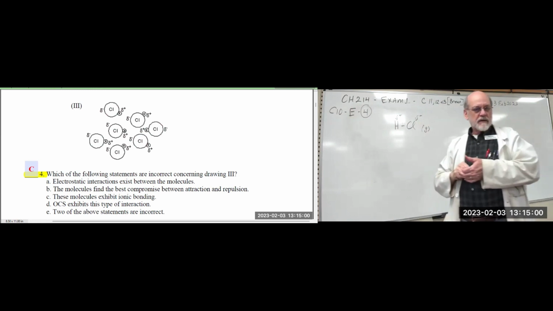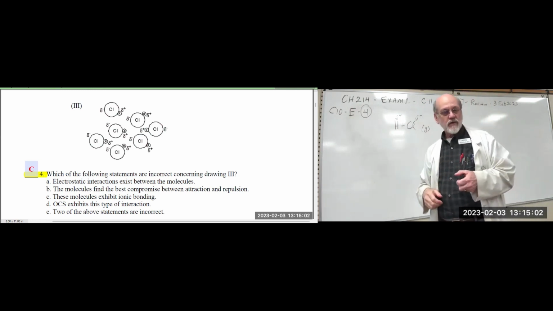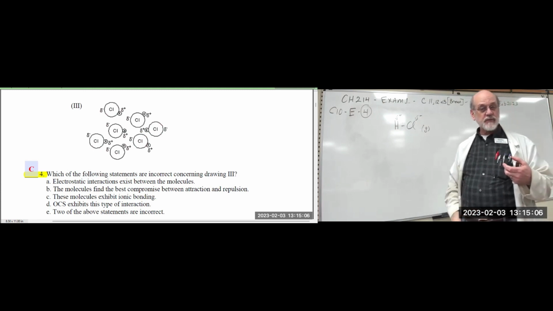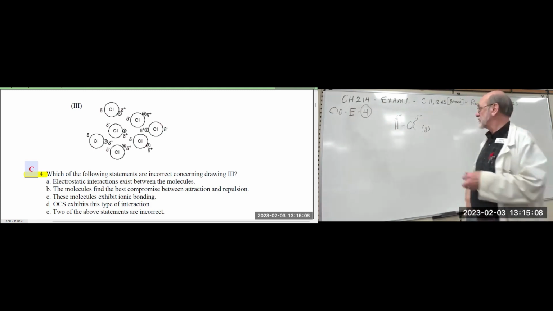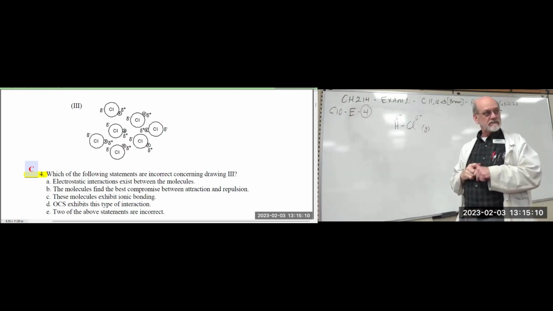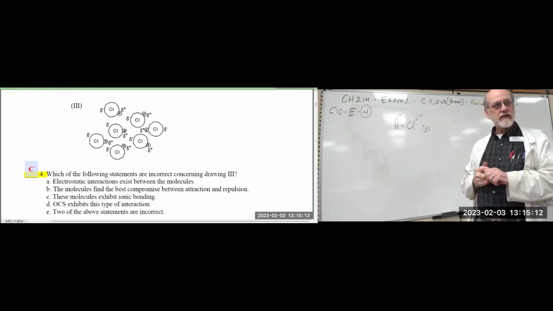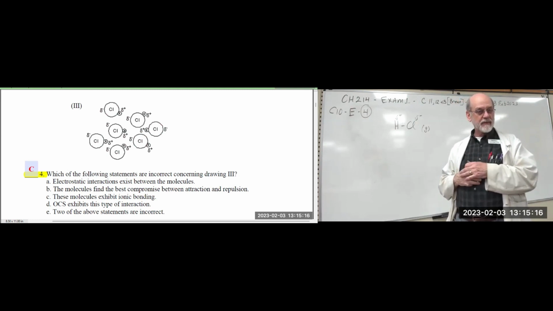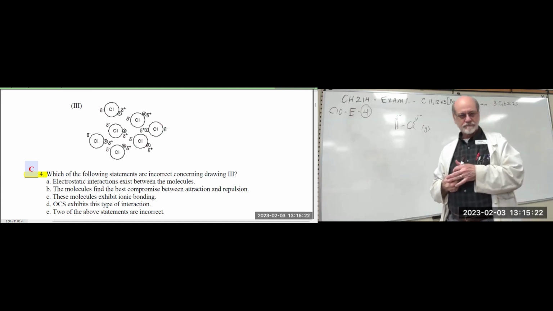Okay, so which of the following statements is incorrect? A says electrostatic interactions exist between the molecules. Is that true? Yeah. You have slight negatives and slight positives, you're going to get electrostatic interactions. And then B, the molecules find the best compromise between attraction and repulsion.